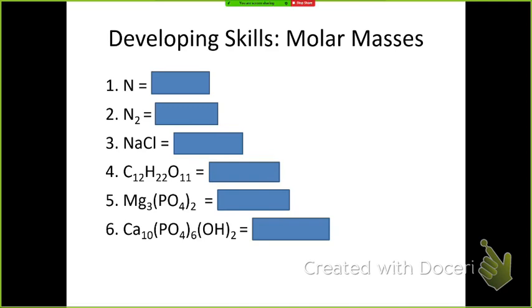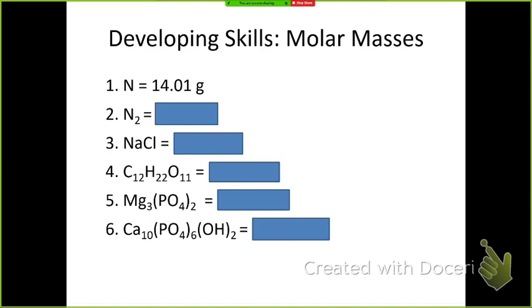So I want you to notice here that nitrogen, the mass of 1 mole of nitrogen atoms is 14.01 grams. That means if I have 6.022 times 10 to the 23rd atoms of nitrogen, it's going to weigh 14.01 grams. Remember, the moles tell me how many, and the mass tells me how heavy.